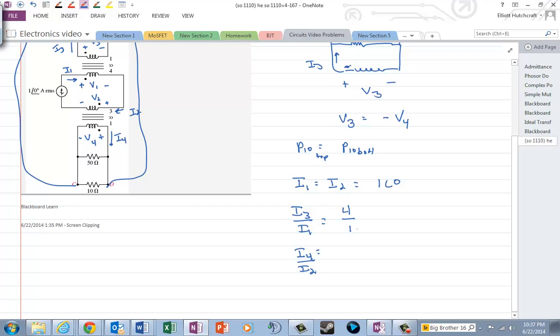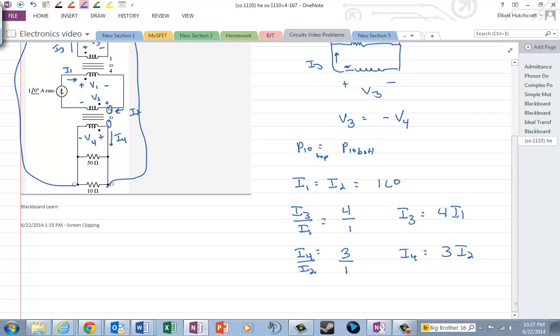I should have said N3 over N1 for the other one, but it should be this one divided by that one. So 3 over 1. Okay, so this tells us I3 is equal to 4I1, and this tells us I4 is equal to 3I2.